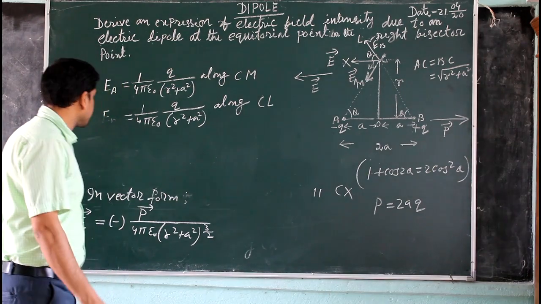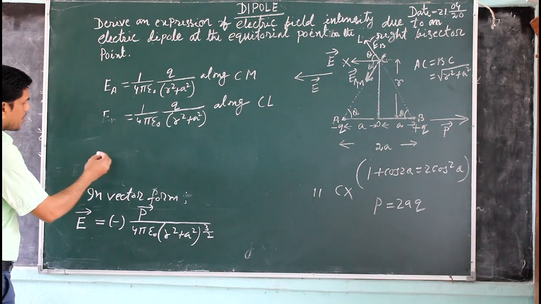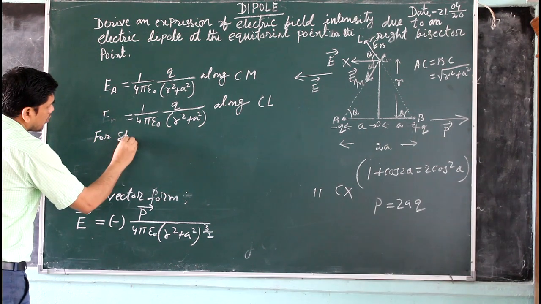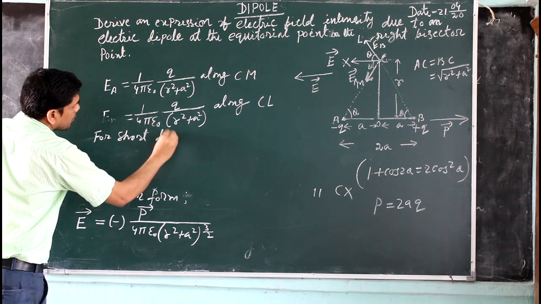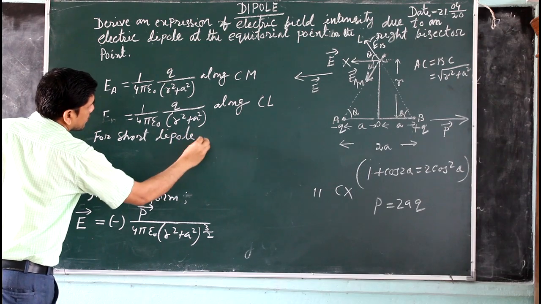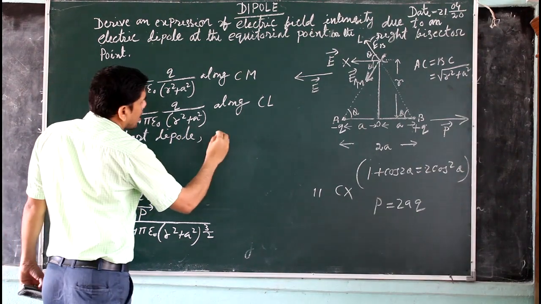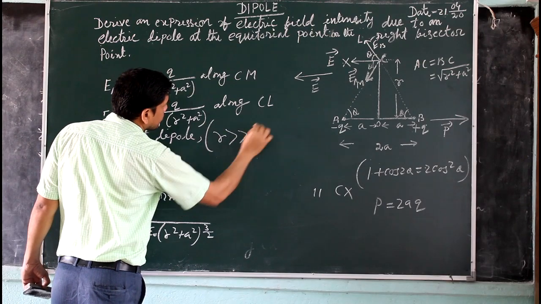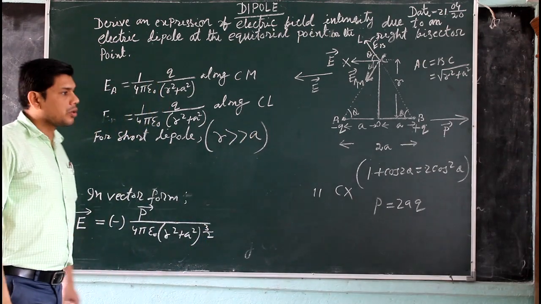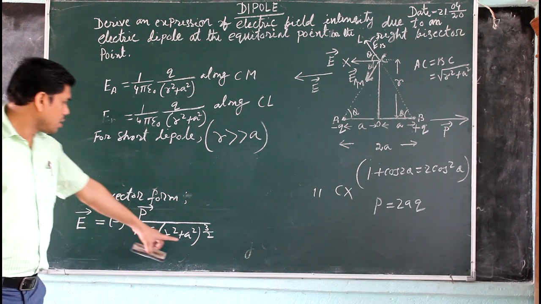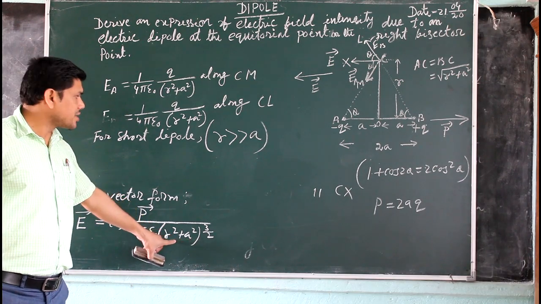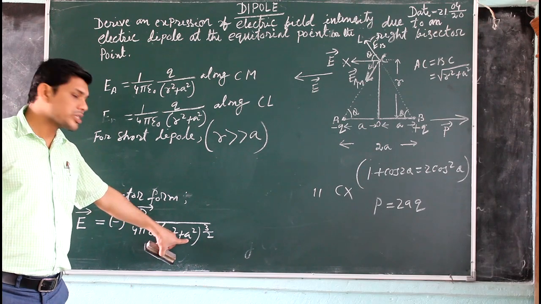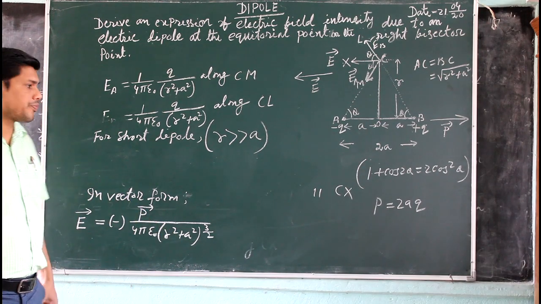Already discussed last lecture that for a short dipole, r is greater than a. This is the condition. So as r is greater than a, we can ignore this a term with respect to r.